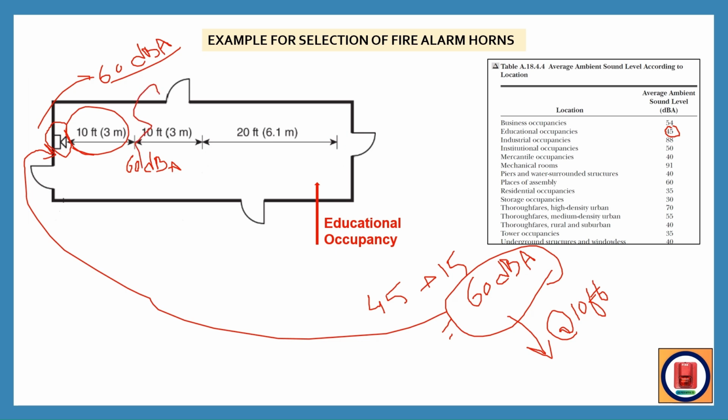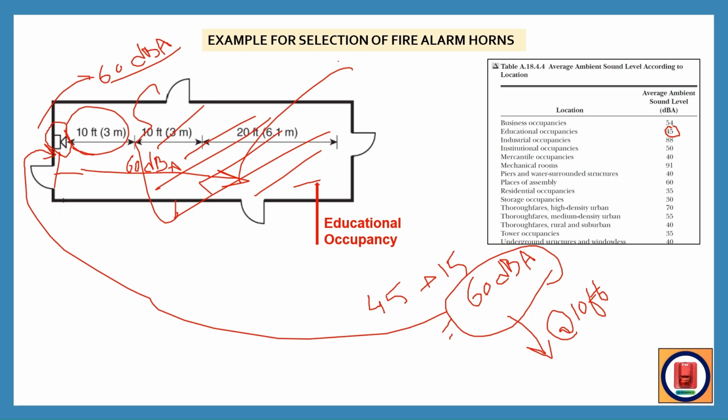So what about this particular area? This area also has to get 60 dBA, because as long as the distance increases from this particular source, the dBA rating will be reduced. So this is based on inverse square law formula. We will discuss about that in next slide.